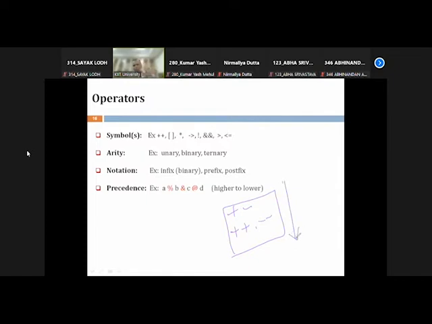Don't try to memorize it in one day; gradually you'll remember. Many operators' precedence follows the English language, like addition and subtraction have less precedence than multiplication and division. Understood this?